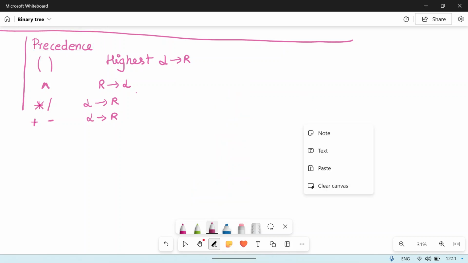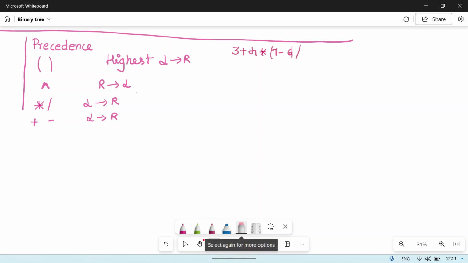Okay, let's do the next problem. See here, let me have this: 3 plus 4 star 7 minus 6 divided by 4 plus 3. This was the one in the question that I just showed you in the beginning. So start from the right and identify the one with the least precedence.